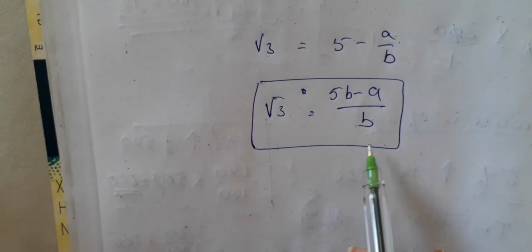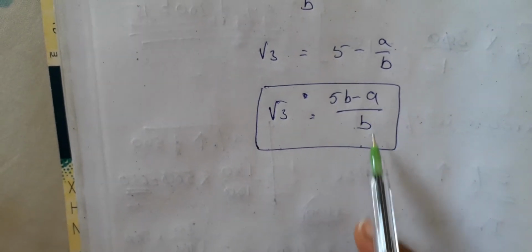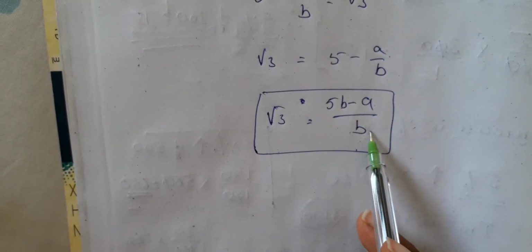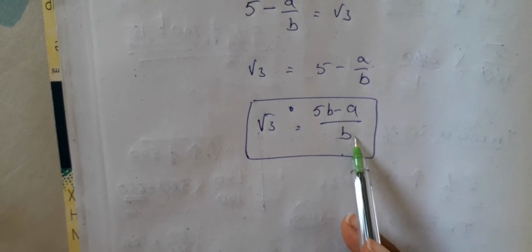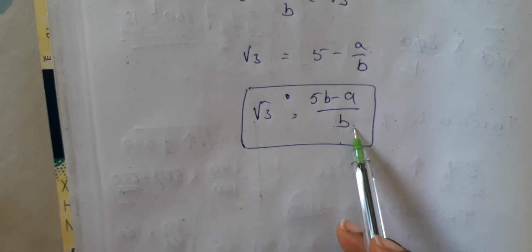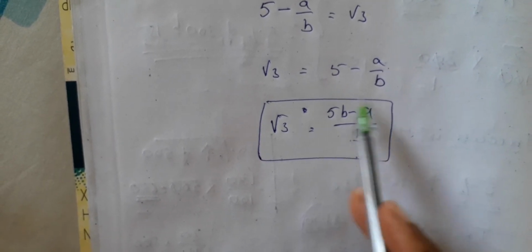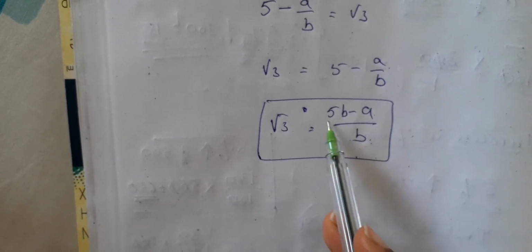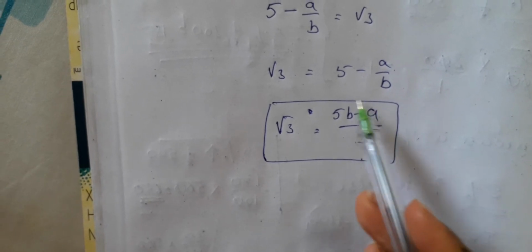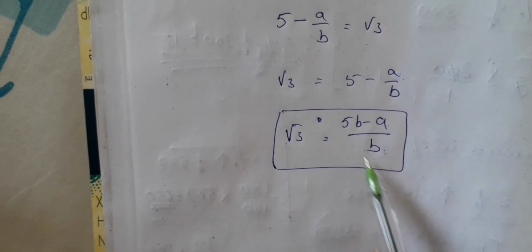So now let us observe the RHS. In the RHS, you have taken a by b as a rational number, isn't it? That means a and b are integers. When a and b are integers, 5b minus a is an integer, and b is an integer. So this forms a rational number.